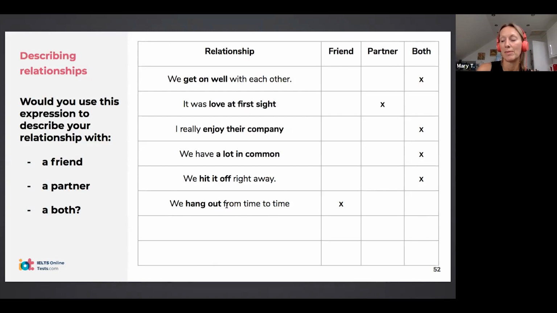What does that mean, from time to time? Can you think of a synonym? They don't hang out regularly, Pavan, that's right. Not always. Occasionally, yes, that's right. So obviously if it's a partner, hopefully they should be hanging out more than occasionally. So if it said we hang out a lot, okay, that would probably be okay for partner, but from time to time is friend.